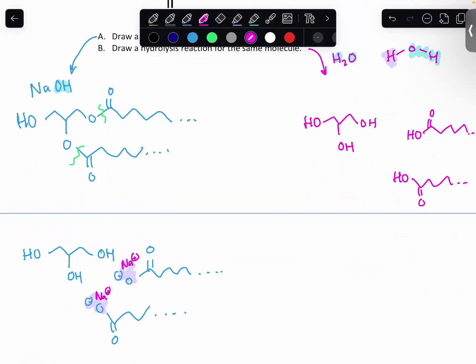Where the two O's? This oxygen will end up here and here, and these hydrogens will end up here and here. Yes, so we would need 2 NaOH for this and 2 water, because we're cleaving 2 bonds.